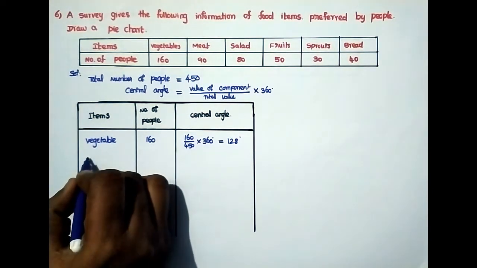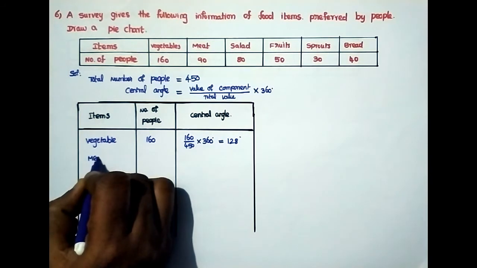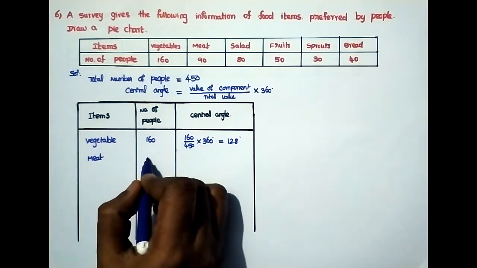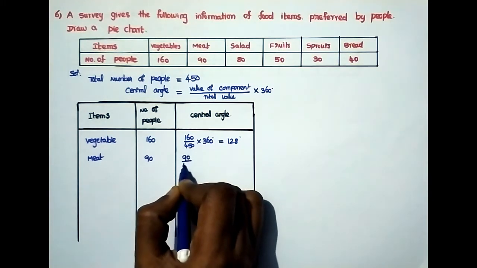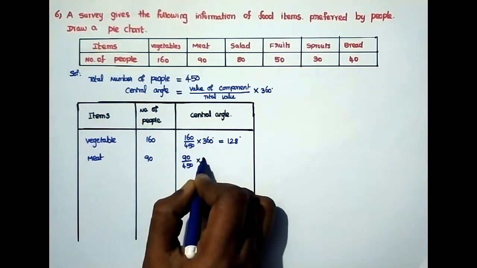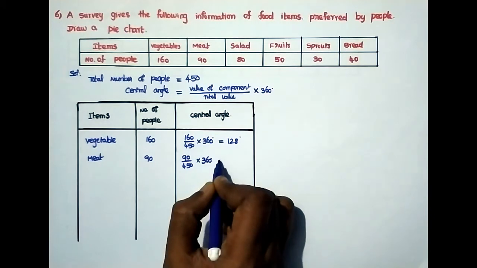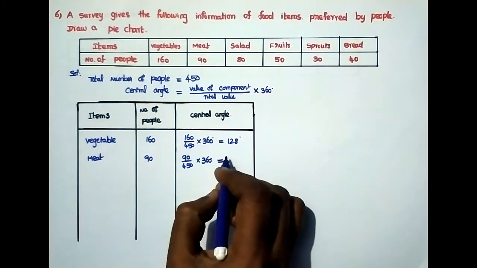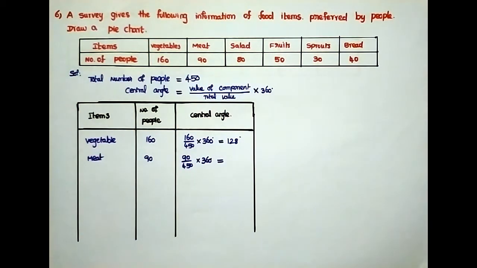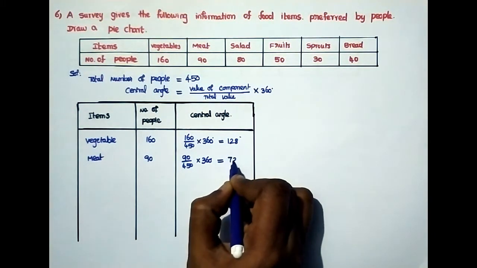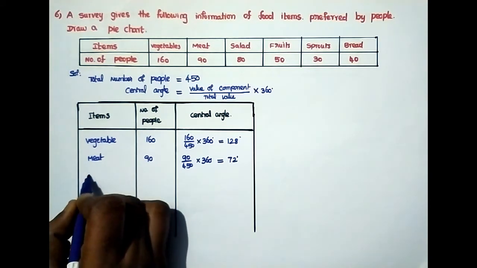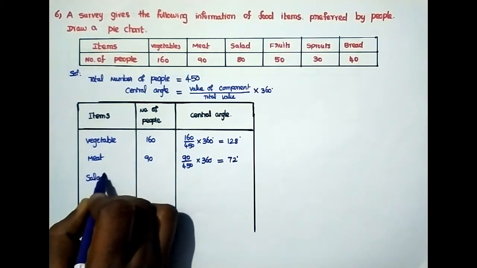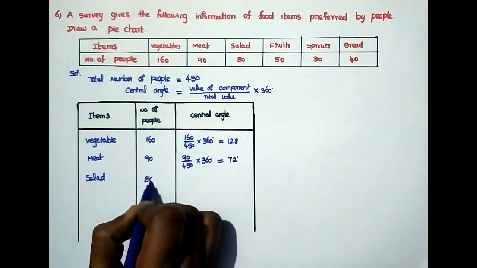Next one, meat, that is 90. So 90 divided by 450 into 360. How much? It is 72 degree. Next one, salad, 80.